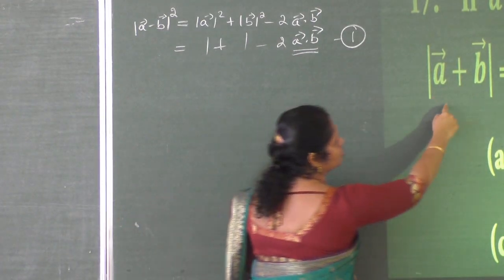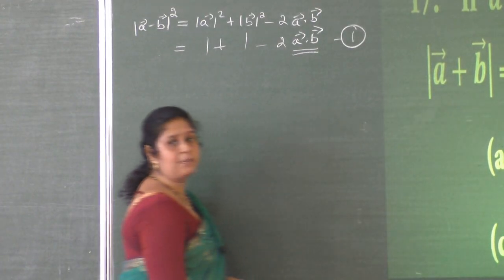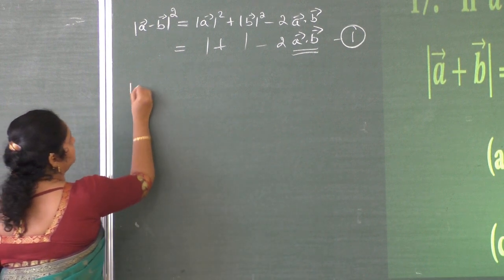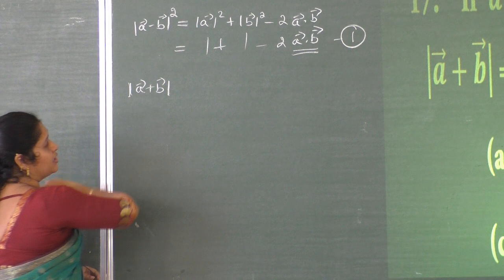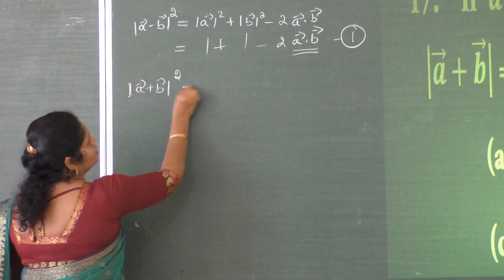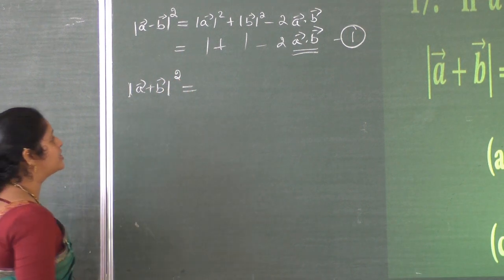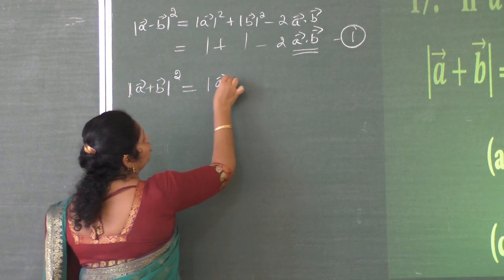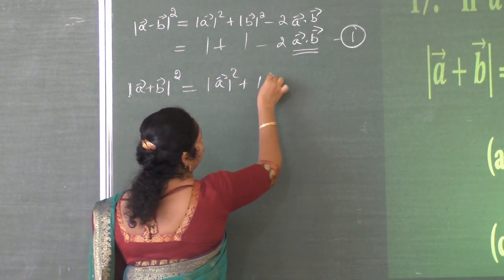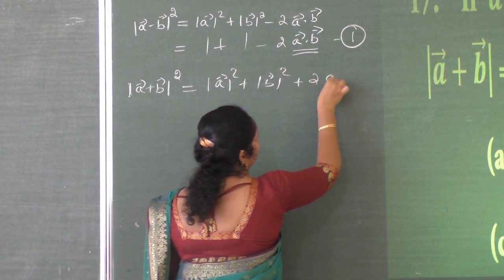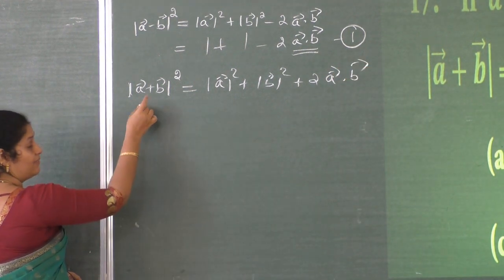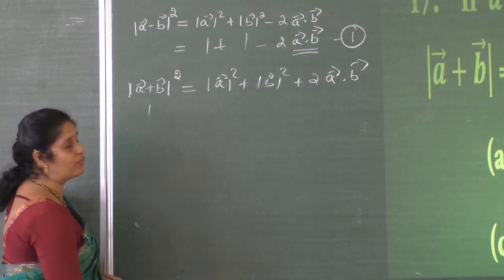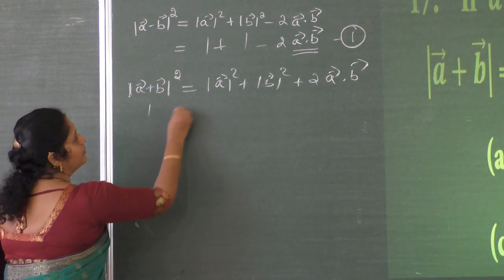Now let us try to find vector A dot vector B. Let us use this condition. Magnitude of vector A plus vector B equal to 1. So I am writing it squared, that is equal to magnitude of vector A square plus magnitude of vector B square plus 2 times vector A dot vector B. Now what is the left hand side? 1, because magnitude of vector A plus vector B is 1.